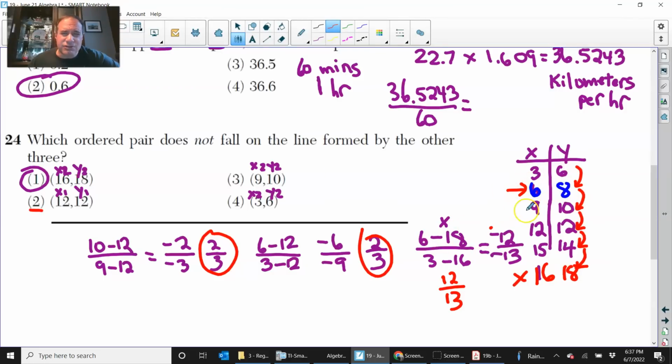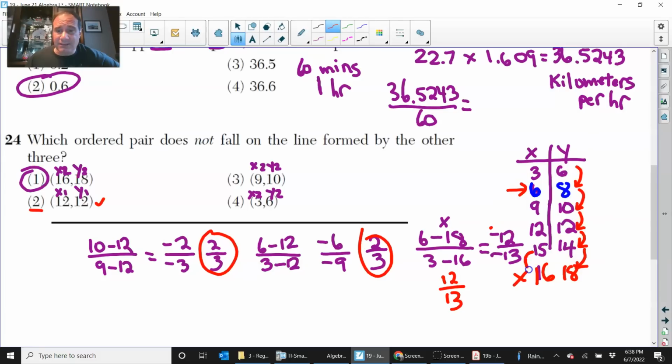You see how the x is increasing by 3, and then the y is increasing by 2. Then the next one I put is 12, 12, and that pattern still stayed the same. Now the x increases by 3, like I made up 15, 14, and the y still increased by 2.